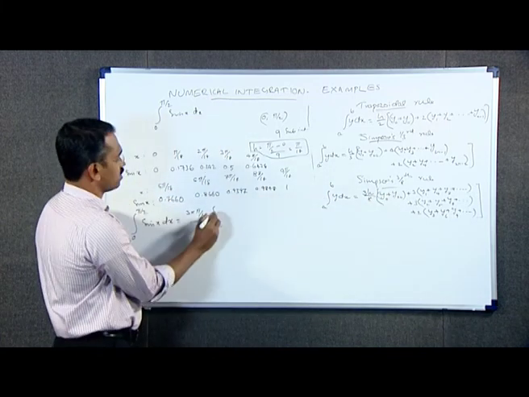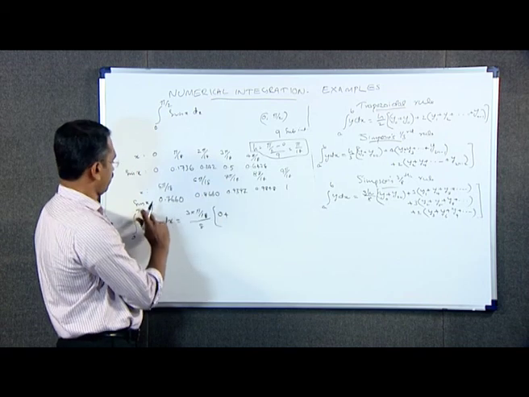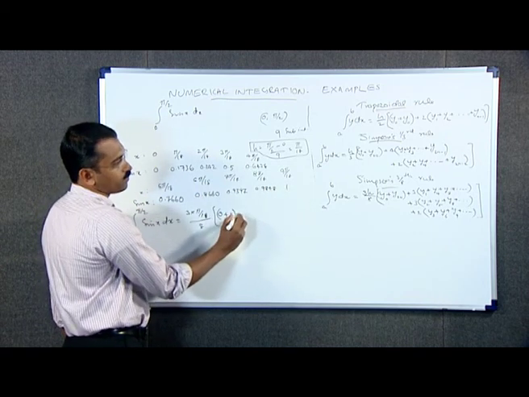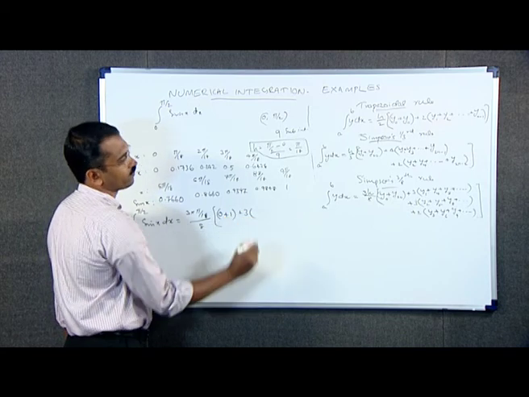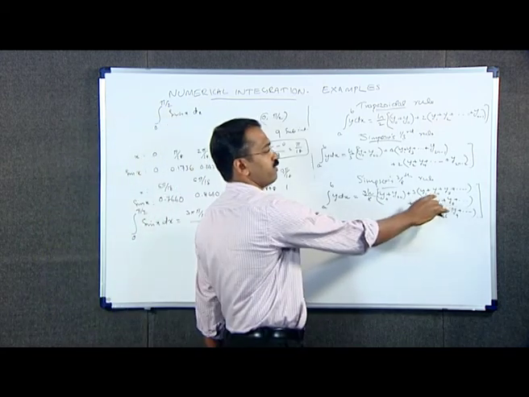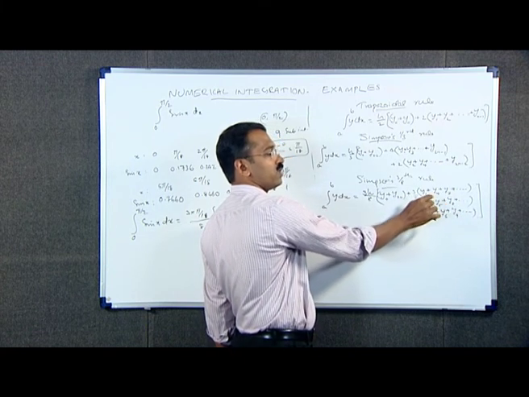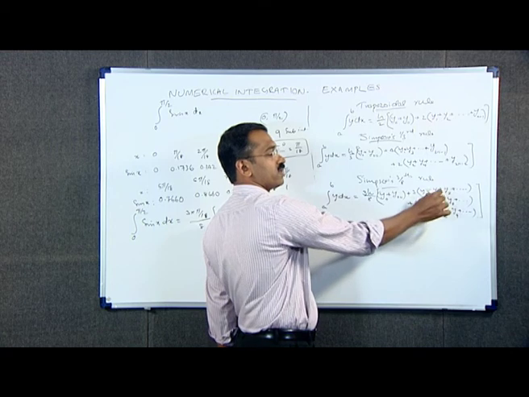Here y naught is 0 plus y3n is the last ordinate, that is 1, plus 3 times y1 plus y4 plus 7, etc. That is, starting is 1, next suffix is 4, 7, that is difference is 3.